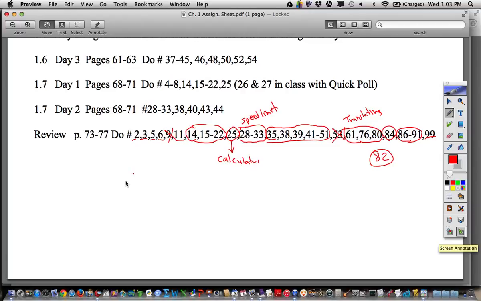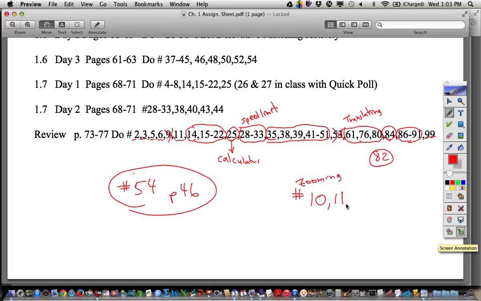There isn't anything on number 54 I mentioned, on page 46, the one about the height of the ball when you throw it, so you might want to do that one. And also, there isn't anything in here on the zooming. So if you want to do some on the zooming situation, number 10 and number 11 on page 52 might be good ones to look at too.